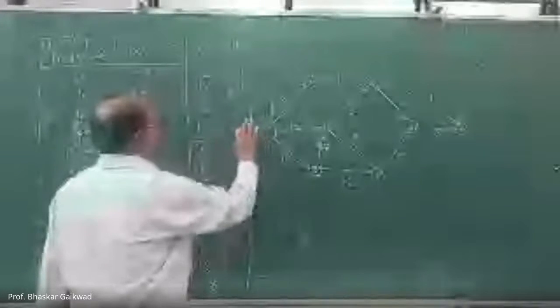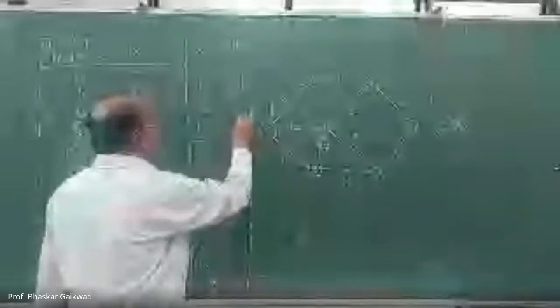First of all, you make every node or event like this. In this, this is called ES. ES means earliest start time, and this is the LC. LC means latest completion time for this activity.